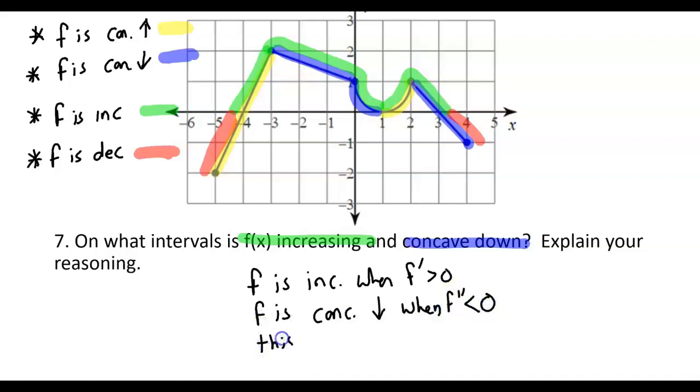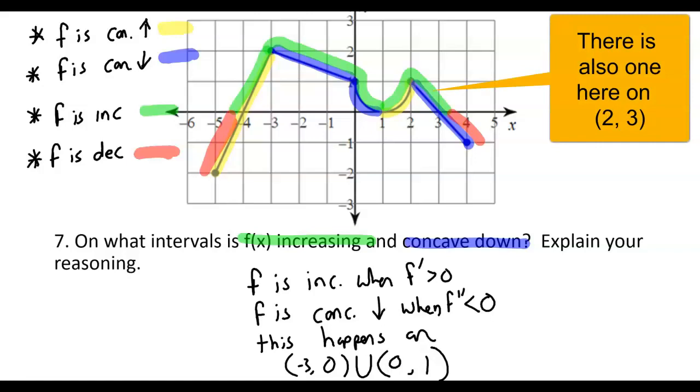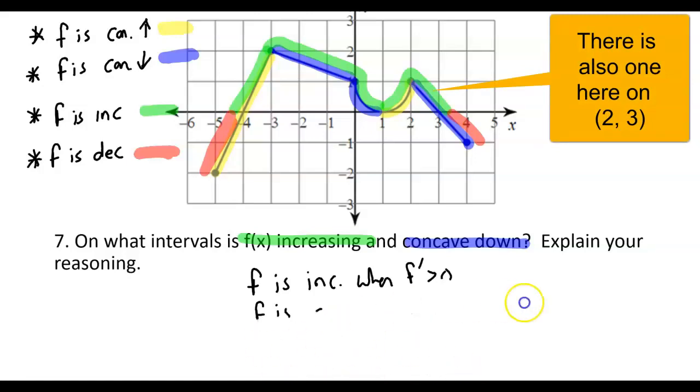This happens on the blue and green regions, which is here and here. So that would be from -3 to 0, and then from 0 to 1. Right. Let's go ahead and move on to the next one. Clear this up first.